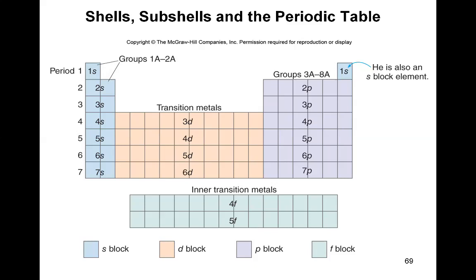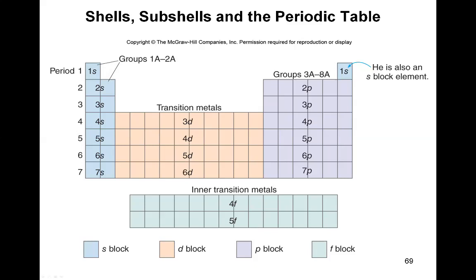Period 1 represents the filling of the first shell, and the first shell has only one s orbital. And so, because there can be only 2 electrons in there, there's only 2 elements in the first period: hydrogen with 1 electron on the left, and then helium with 2 electrons on the right. Then the first shell is filled.